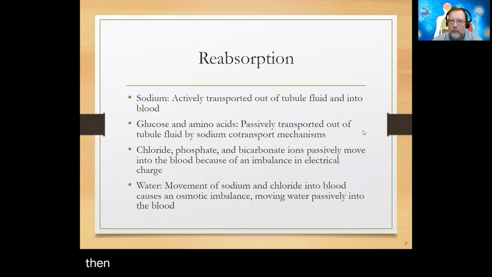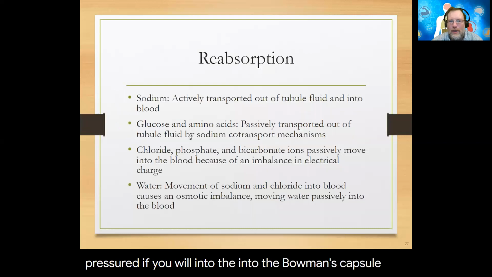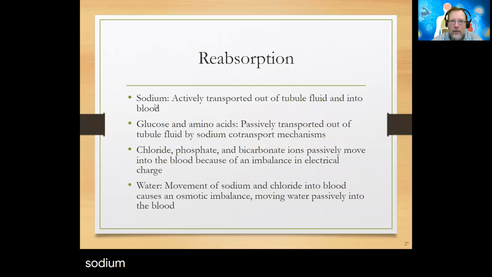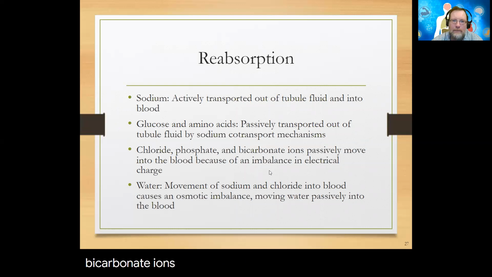And then we move on into the proximal convoluted tubule. Some of the items that were pushed, pressured, if you will, into the Bowman's capsule, sodium, glucose, some amino acids, chloride, phosphate, bicarbonate ions, certainly water.